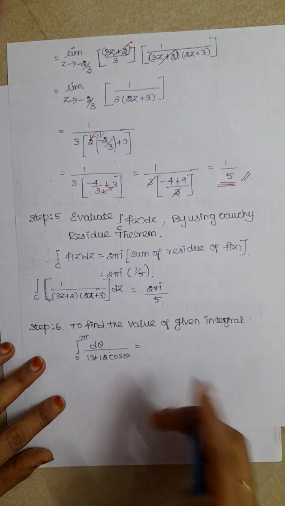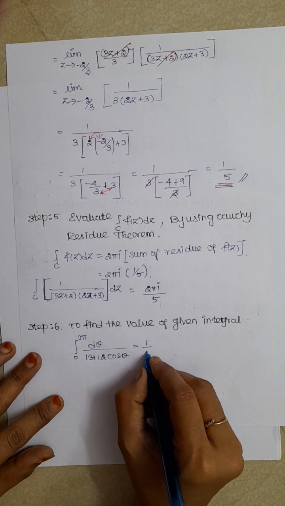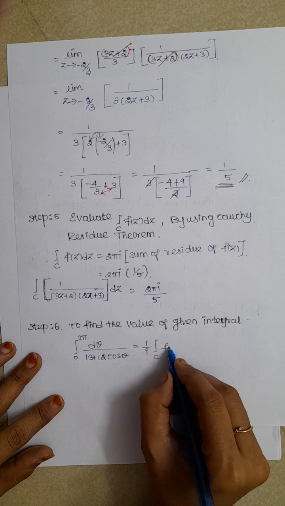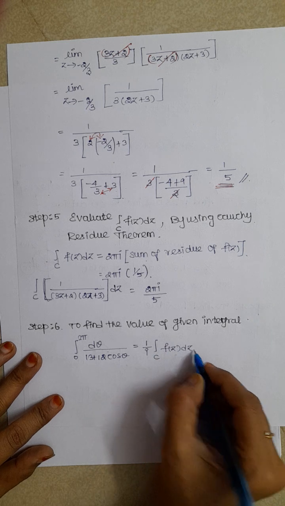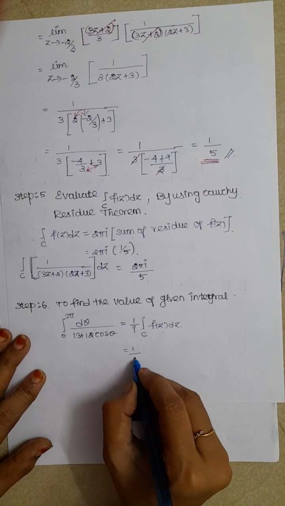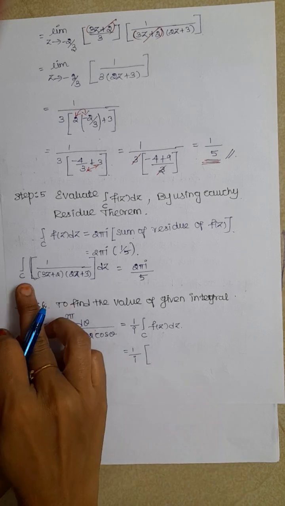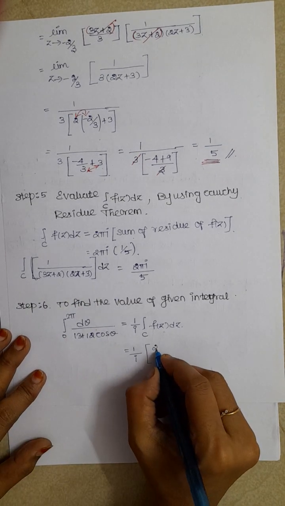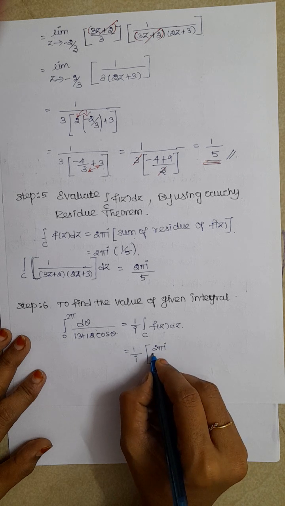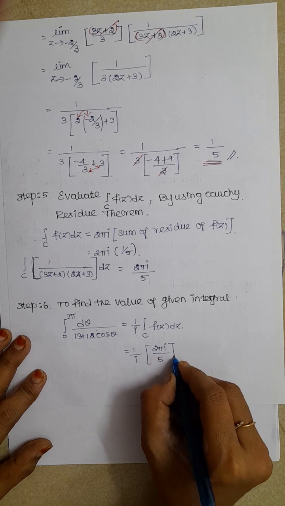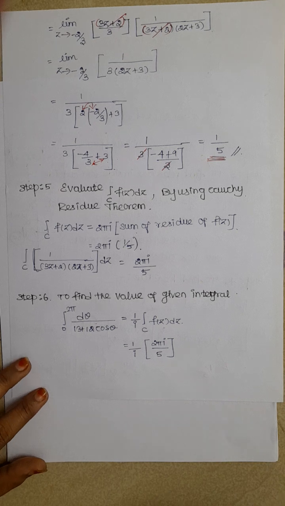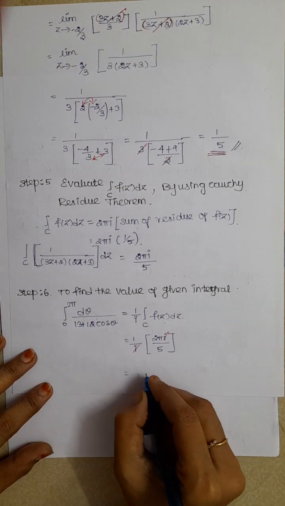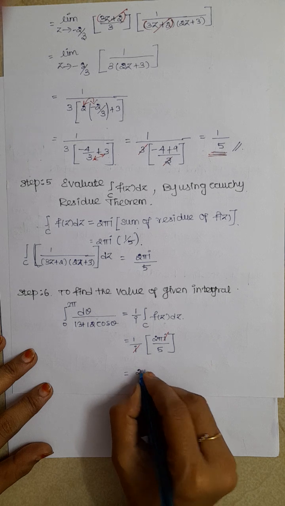So write the same value, 1 by i integral over C of f(z) into dz. So here, 1 by i integral over C of f(z) dz is equal to 2 pi i divided by 5. So here i gets cancelled. The final value is 2 pi by 5.